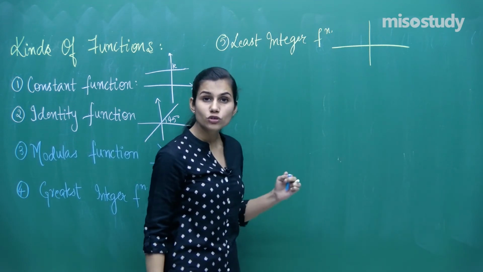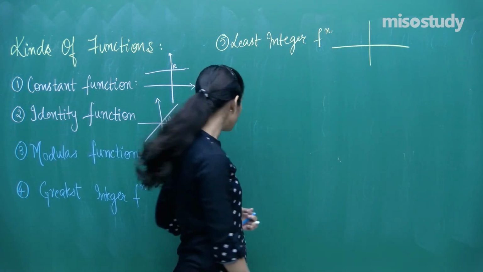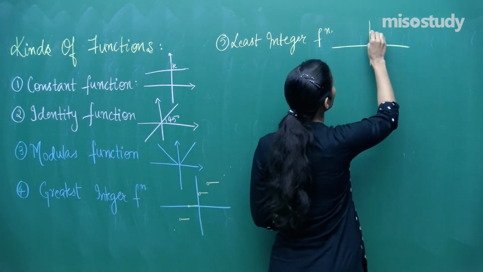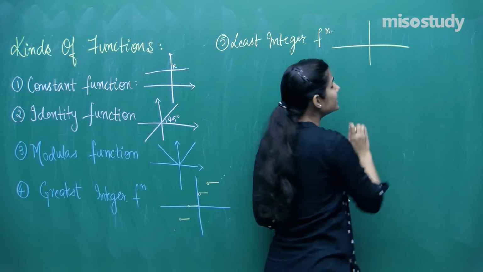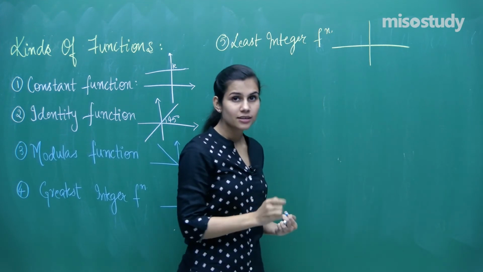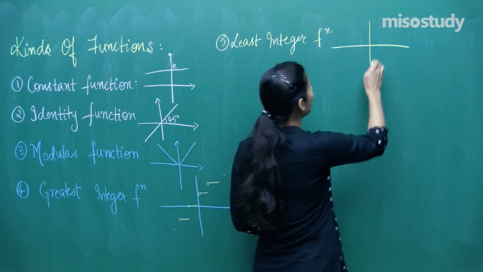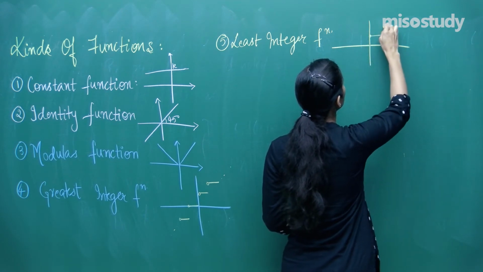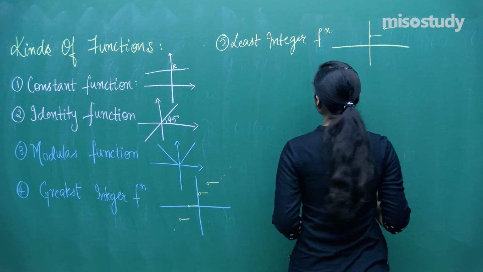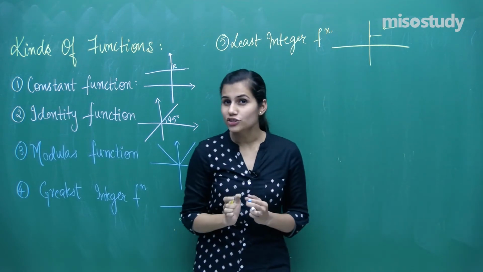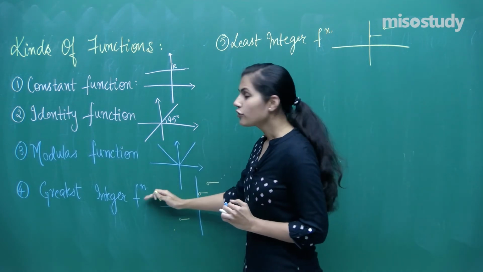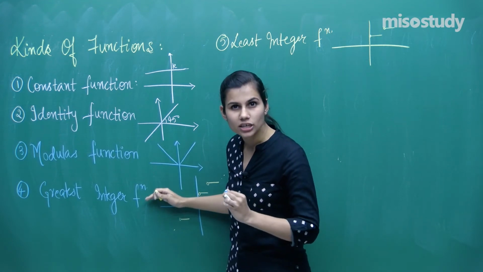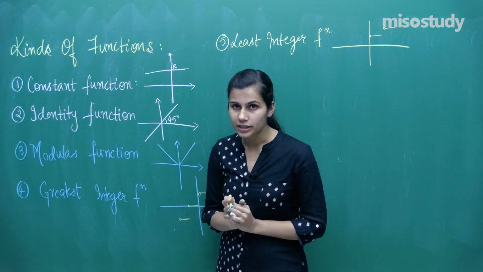Well, from 0 to 1, the least integer happened to be 1. This resembles the greatest integer function already. In the greatest integer function, we had the greatest integer which is smaller than my real number.